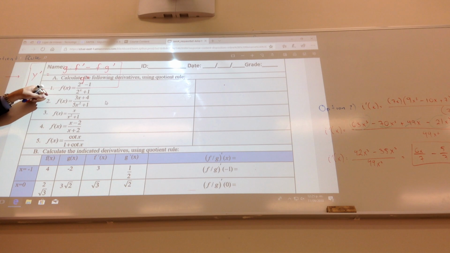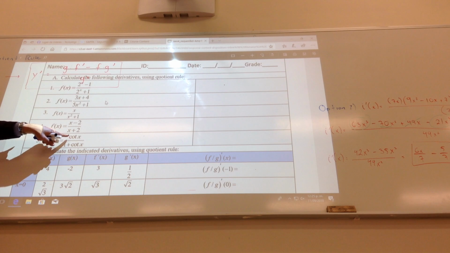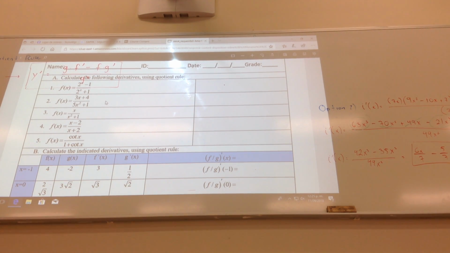Do the first one. Number 2 is just long, it's not complicated. Number 3 is the same thing. Number 4 again, like the one at the beginning. And number 5, you need to apply trigonometric derivatives. So number 1.